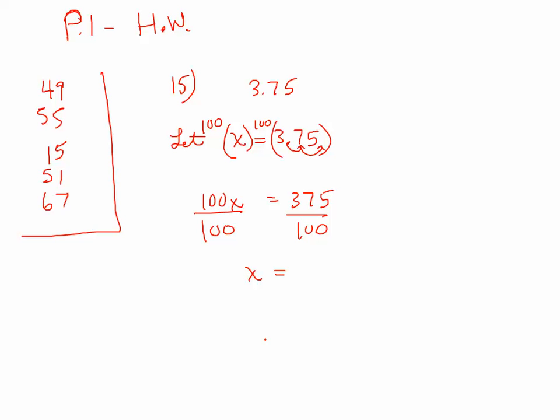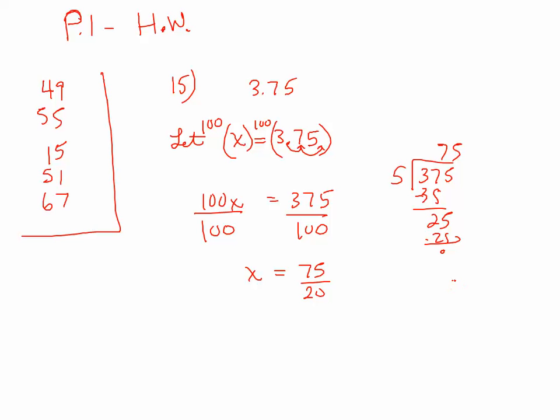This is a proper fraction. This ends in 5, so I assume 5 can go into this. 5 goes into 37 seven times, makes 35. 25 drops down, 5 times 5 is 25. So 75 over, and 5 goes into 100 twenty times.